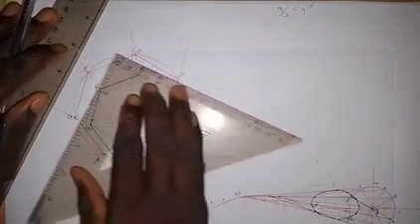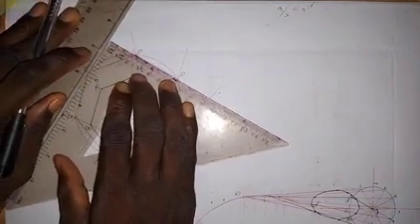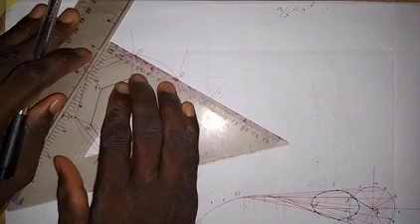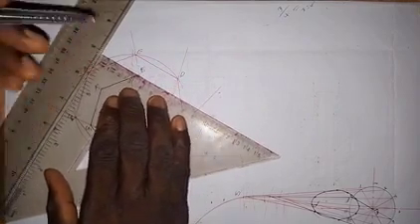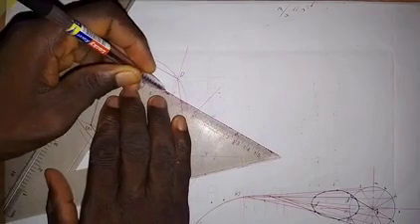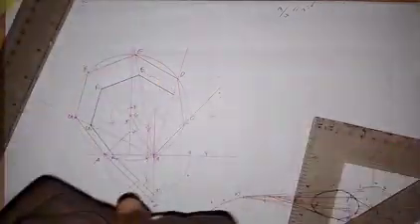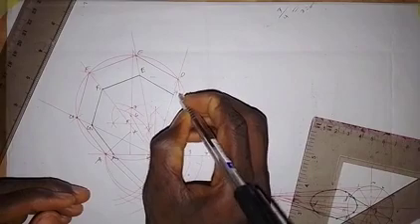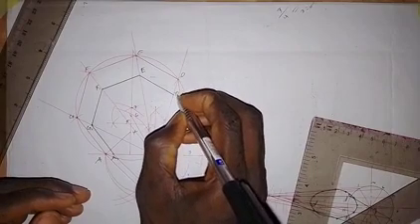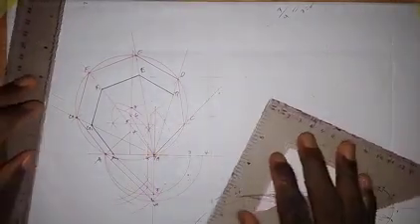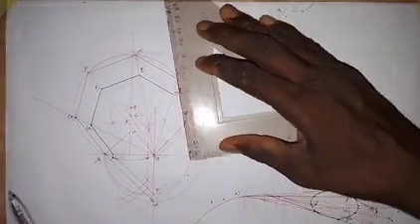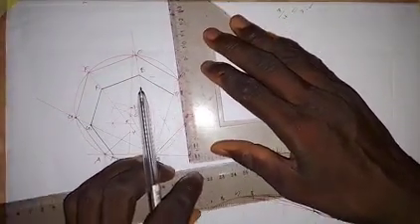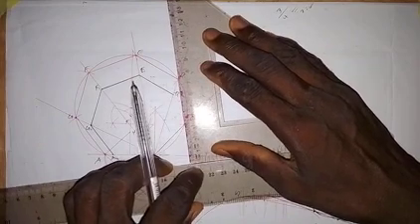Okay, so I'll set my set square along ED. So for us to get point D1, I will shift it, bring it to point E1 here, and I will draw. Okay, so this is D1. Then we need to get point C. So we set our set square along CD, so I will set it like this.